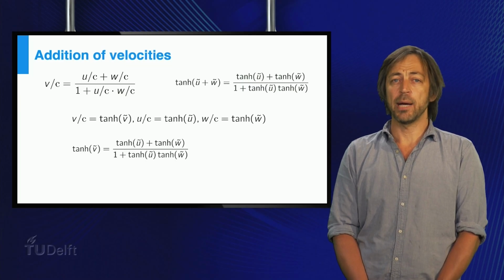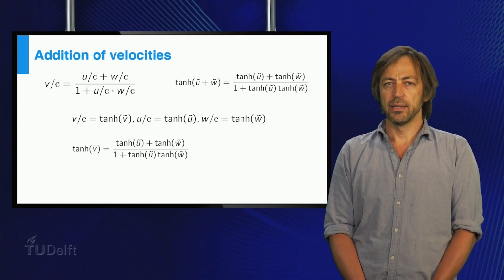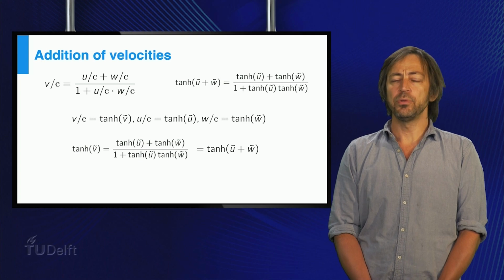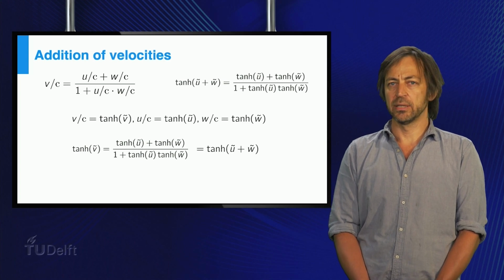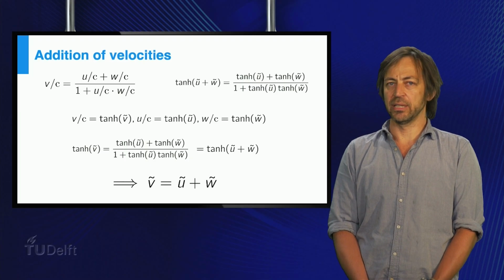But according to the hyperbolic addition formula of the tangent in the upper right of the screen, this is equal to the hyperbolic tangent of u tilde plus w tilde. So we finally obtain, ta-da, v tilde equals u tilde plus w tilde.